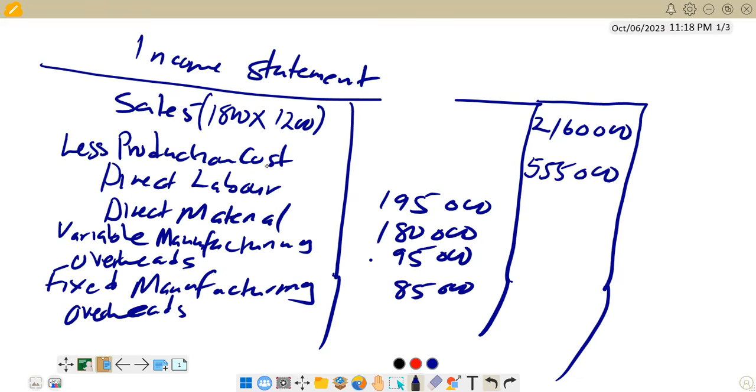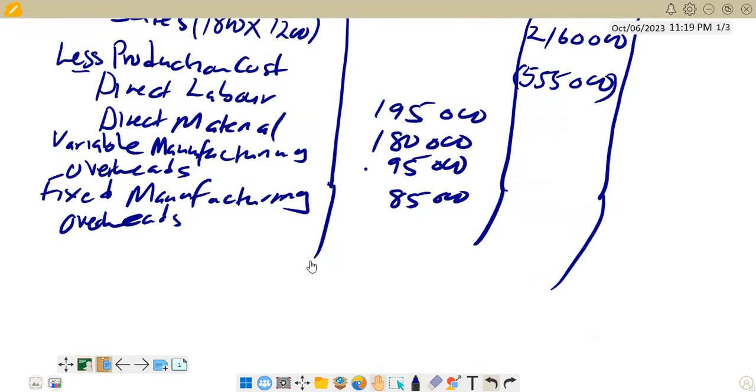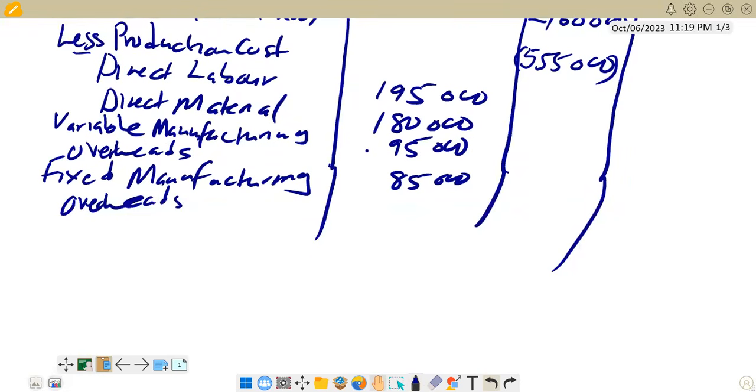Because this is production cost, and we are saying less, which means we are subtracting. So if we subtract there, then we get the figure for gross profit.